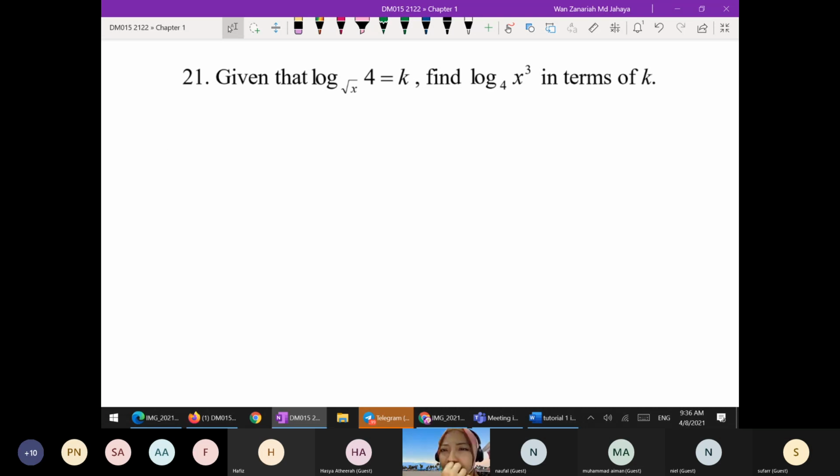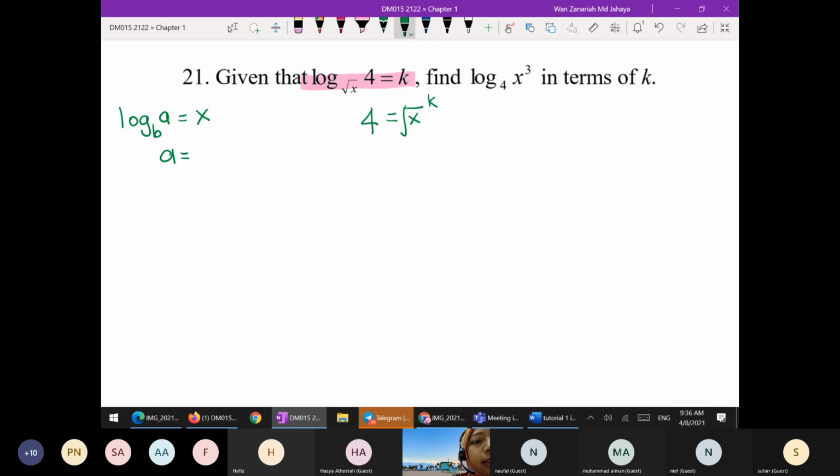Apa kita nak buat? Okey, mungkin kita boleh ubah apa yang kita tahu menggunakan log tukar kepada indeks. Kalau ini log tukar kepada indeks jadi apa? 4 set x k. Betul tak? Okey, kita tulis log a base b equals to x.